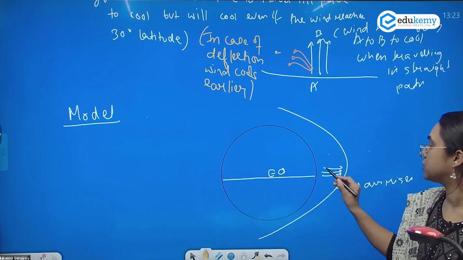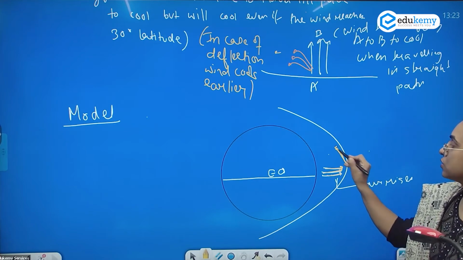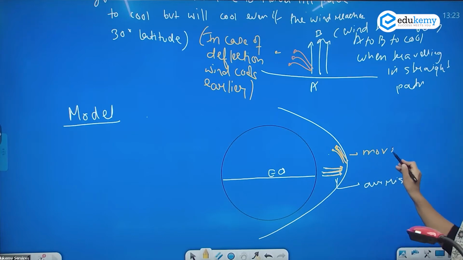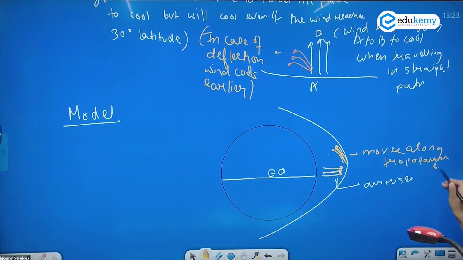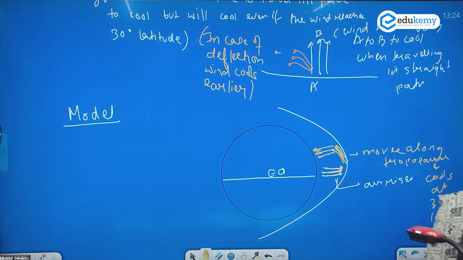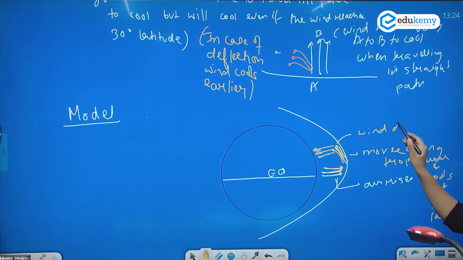The air rises and moves along the tropopause, and cools at 30 degree latitude, and therefore the wind descends.